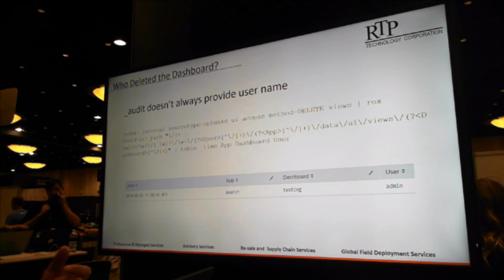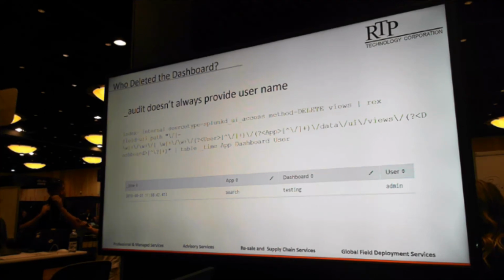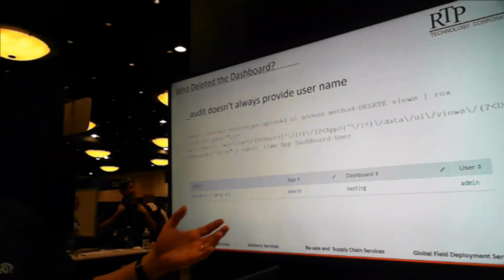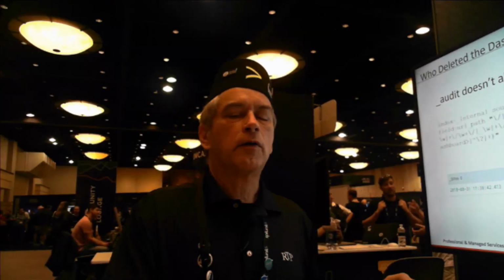Occasionally, you'll have a change, and you want to know how did that change happen. So we kind of mentioned that earlier when we talked about server roles. Occasionally, someone will ask, "My dashboard went away. Why did it happen? When did it happen?" Well, the UI access log can tell you that.